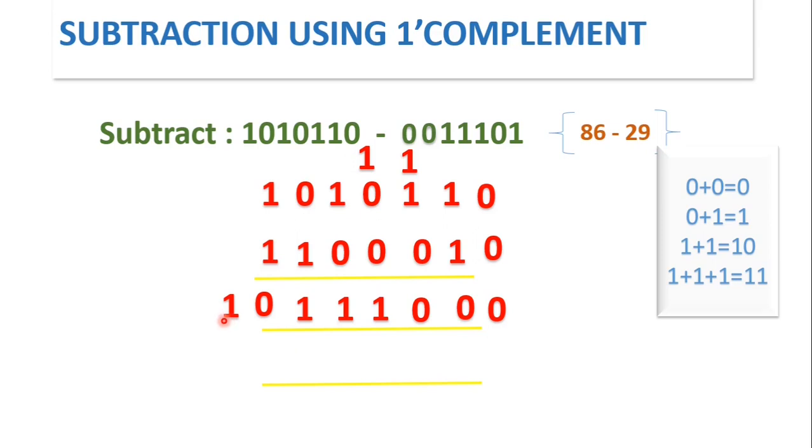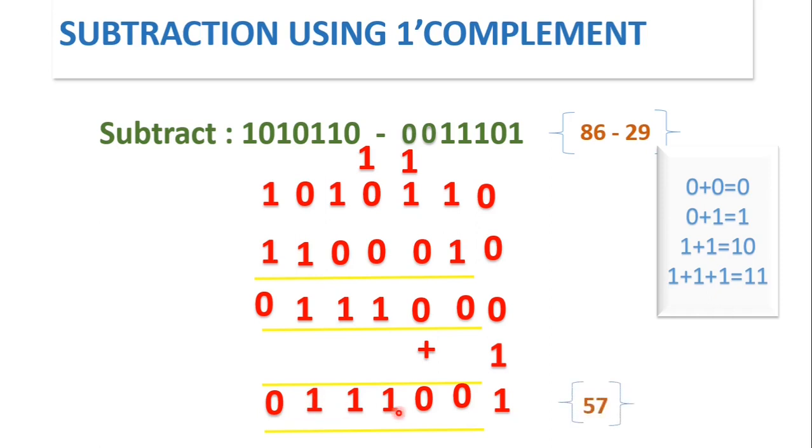The next step is to add this carry to the least significant bit. 0 plus 1 is 1, and we write all the other bits as they are. The answer we get is 0 1 1 1 0 0 1, which is equivalent to 57, and hence the answer is correct.